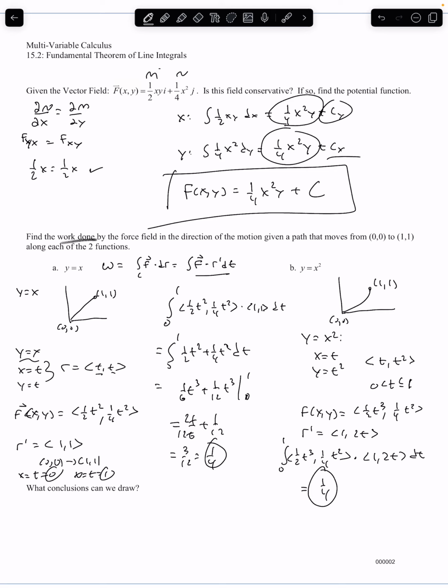And that's what they're saying here. What can we conclude? The path doesn't matter if the vector field is conservative. So we don't worry about the path. In other words, we call this path independent.